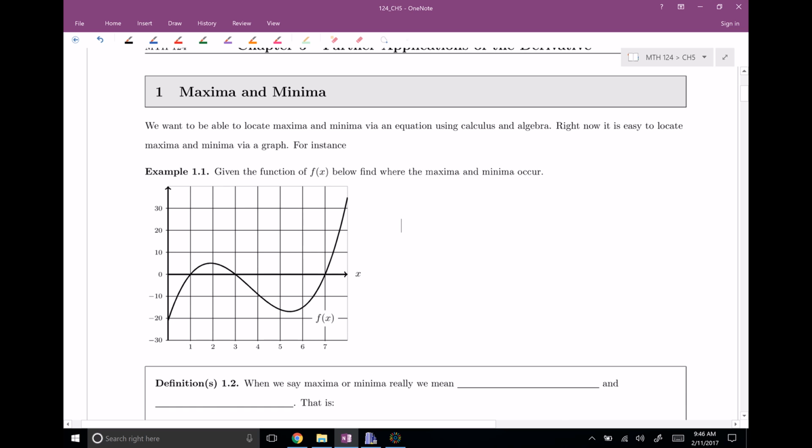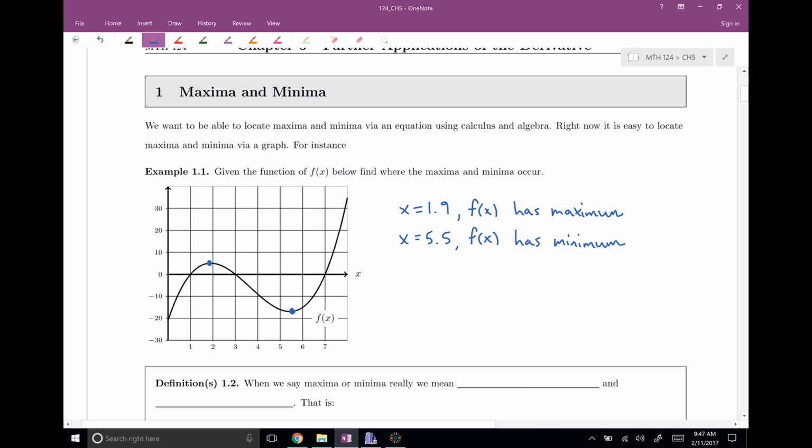So this is our nice function, f of x, and I want to find where maxima and minima occur, right? So the plural, but in this case there's only one of each. So right here at, let's say, x equals 1.9-ish, our function f of x has a maximum. Okay, and then down here, maybe at x equals 5.5-ish, f of x has a minimum.